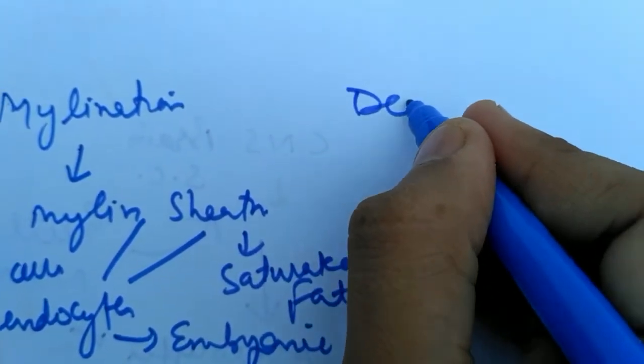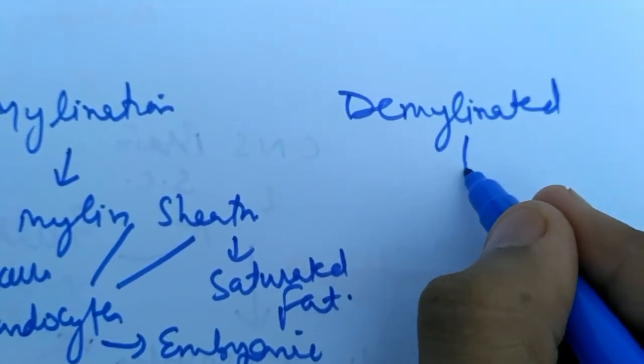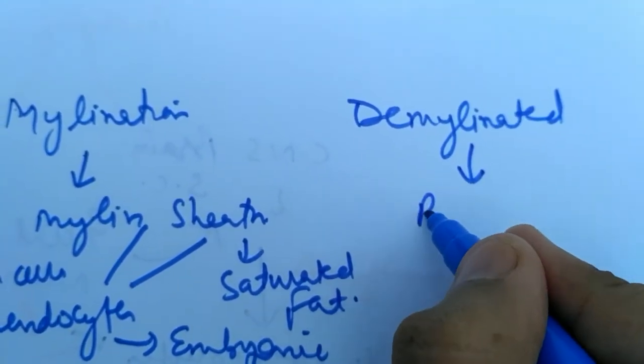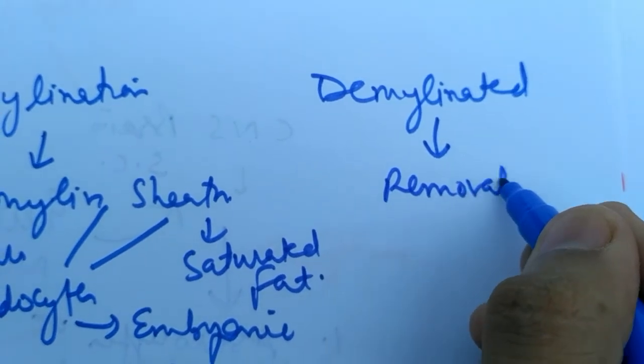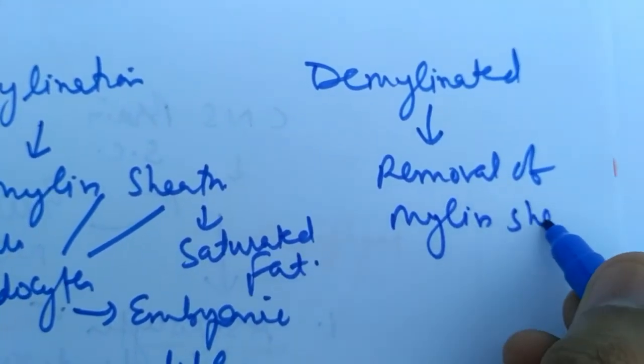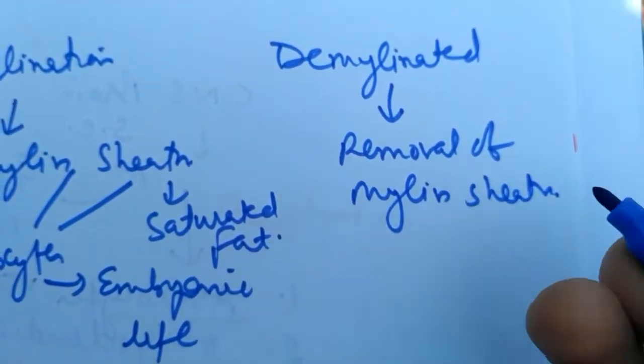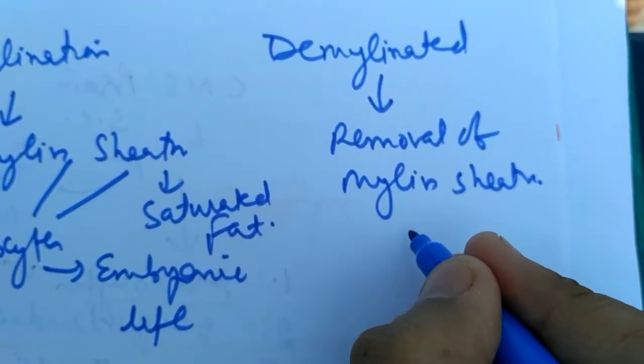Demyelination is the removal of the myelin sheath. It occurs by certain disorders.